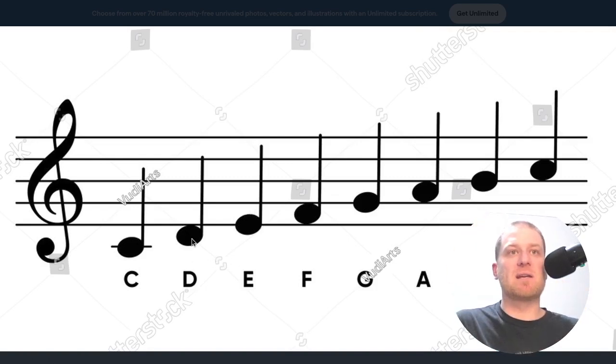Okay, so D and F in this example. If I saw this note here, A, we'll put that as our middle note. Instantly my brain knows G and B, the note below and the note above.